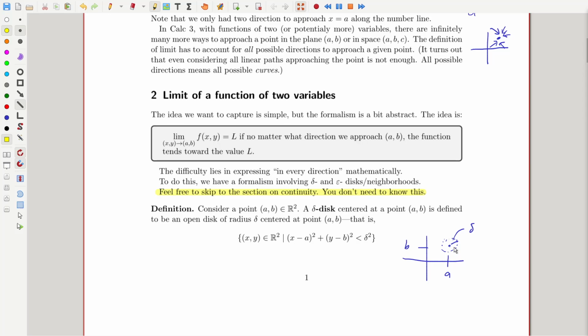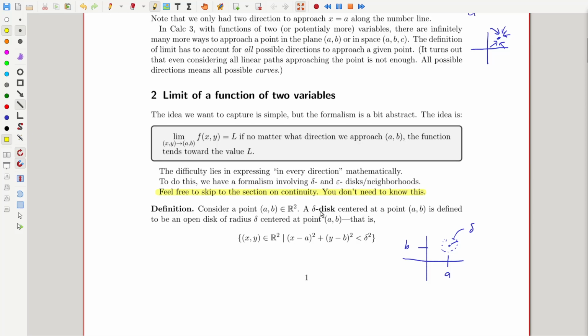But once we have more than one dimension, we have to actually start talking about this idea of closeness involving these disks of a particular radius. So delta and epsilon are supposed to be small quantities, real numbers that are less than 1. And a delta is supposed to stand in for the radius that you're talking about.